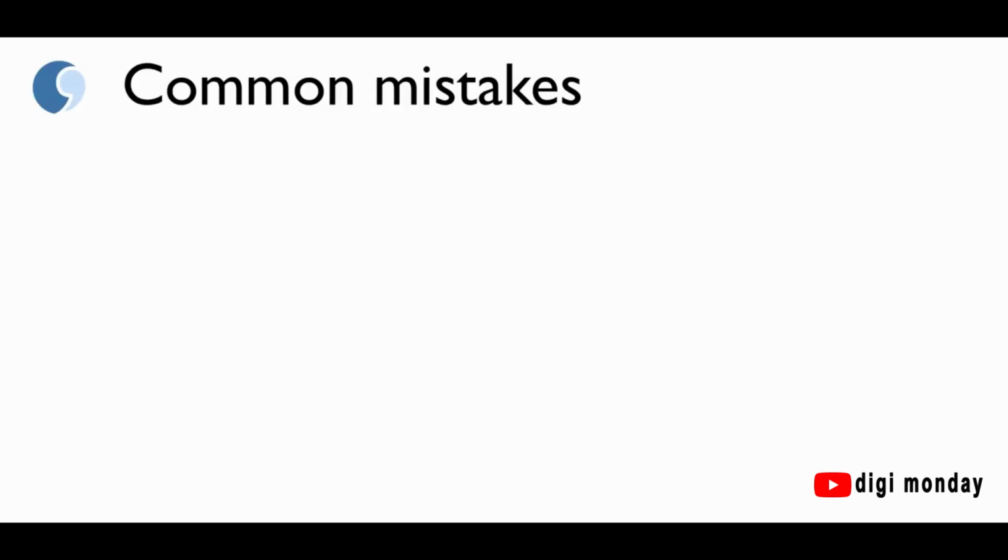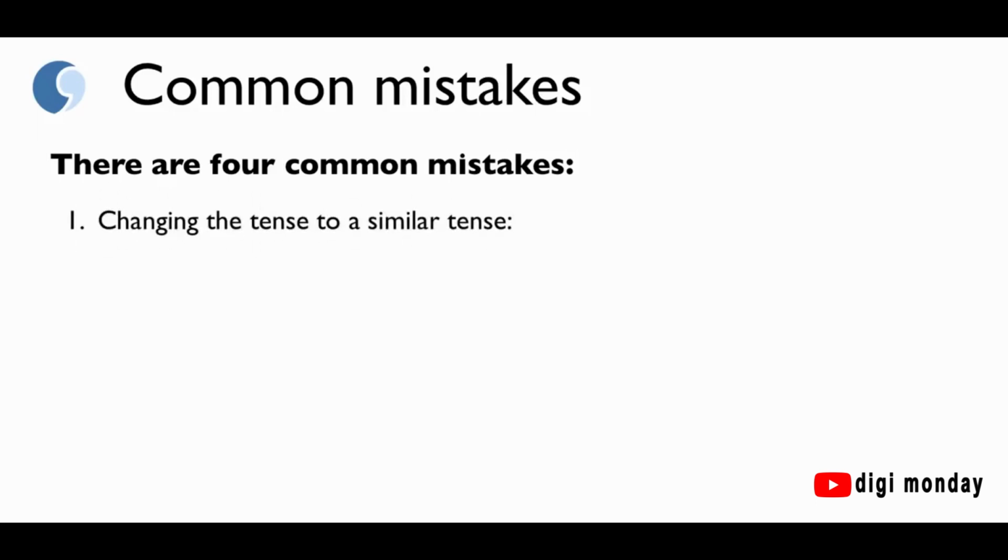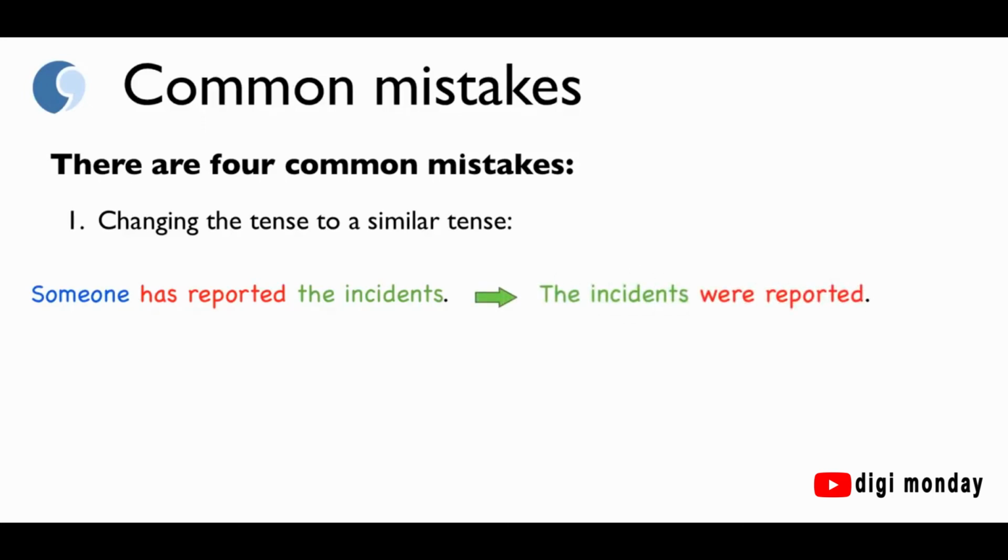Okay, it's time to look at common mistakes. There are 4 common mistakes. The first one is changing the tense to a similar tense. Someone has reported the incidents. The incidents were reported. It is a mistake.